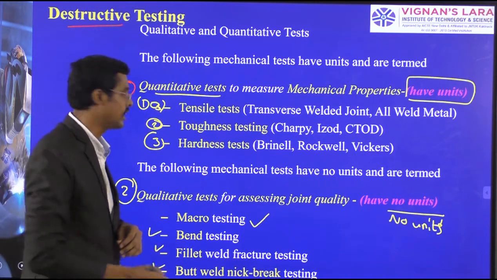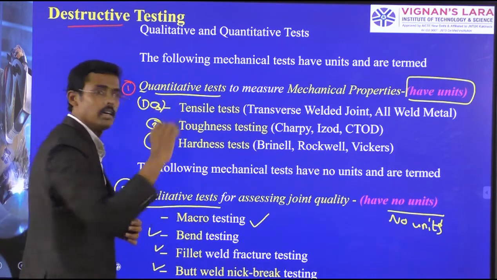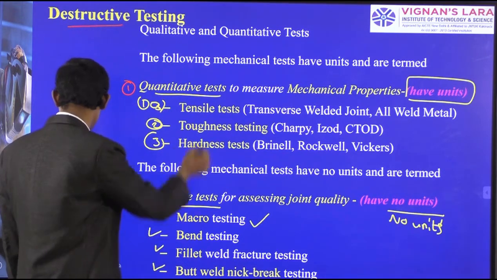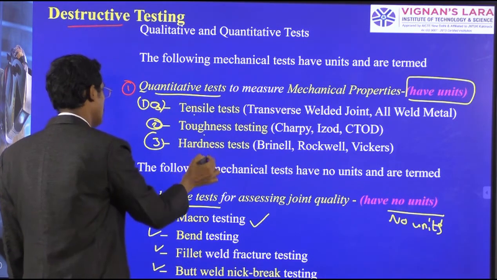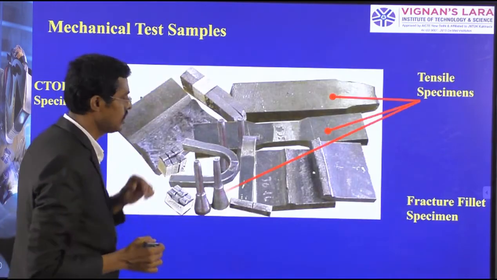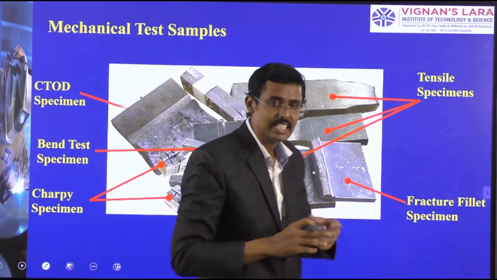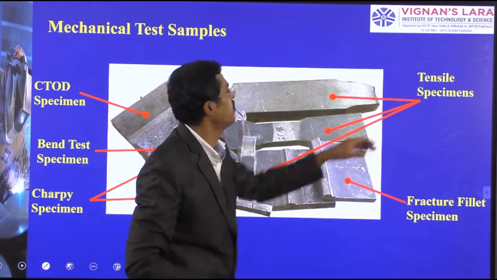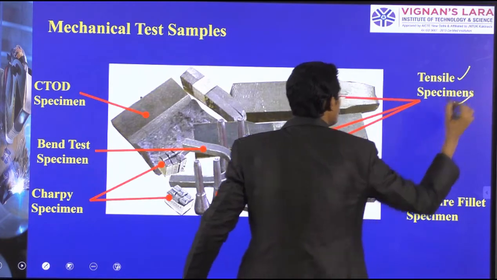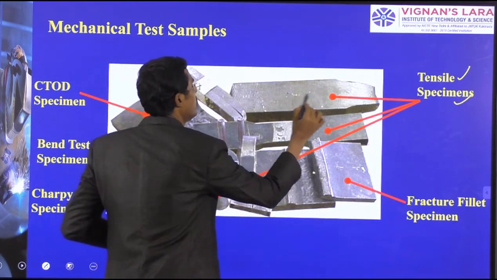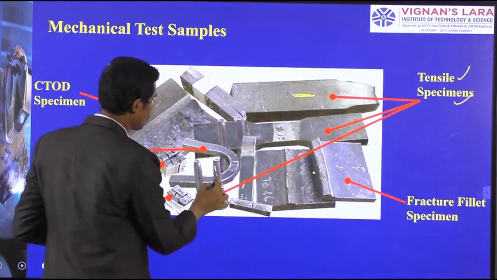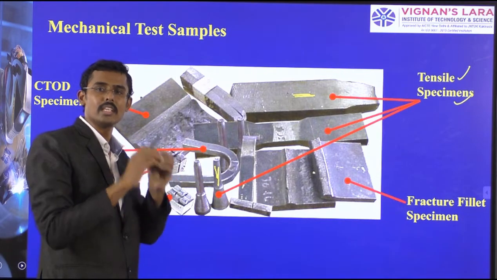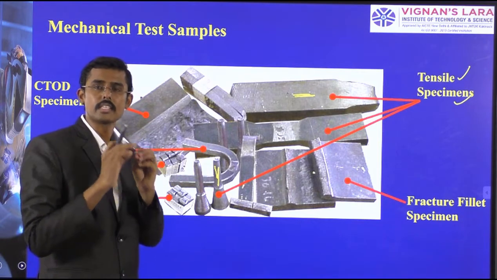These four come under the qualitative testing process, and the quantitative testing process covers tensile, toughness and hardness. This image represents the various destructive specimens. Here I have shown the tensile specimen components. You can see the rod has been broken to test the material's tensile property.